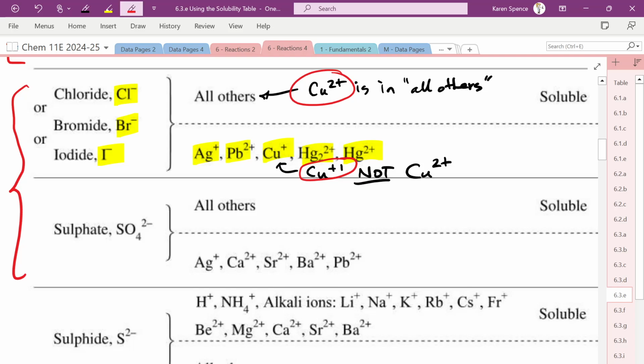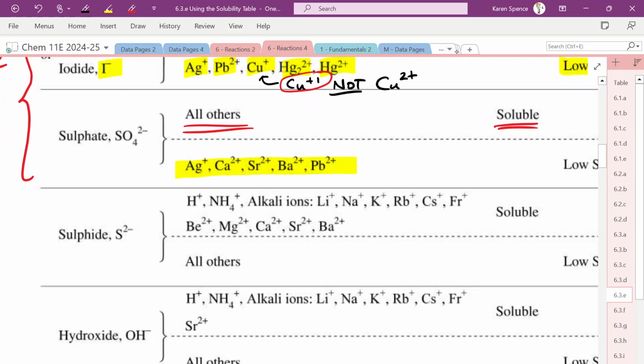Sulfate is also mostly soluble. Most things are soluble. Only these 5, silver, calcium, strontium, barium, lead, are going to be solids. That's why I classify it as mostly soluble.